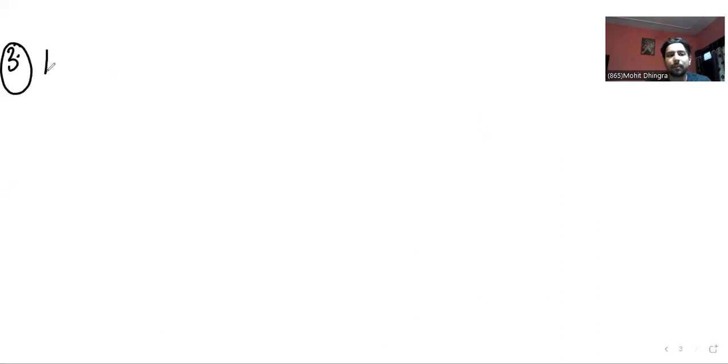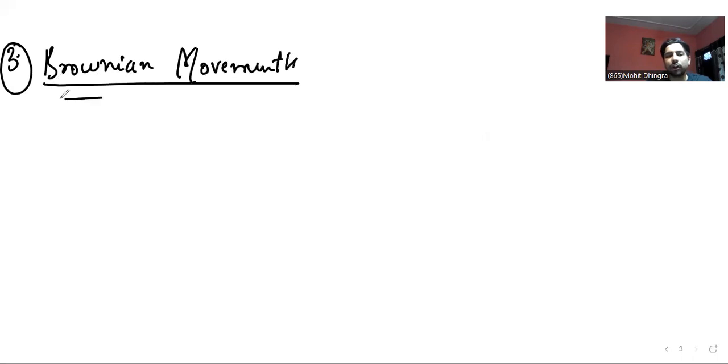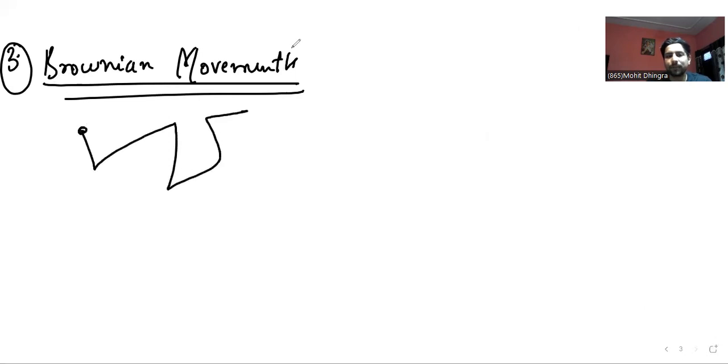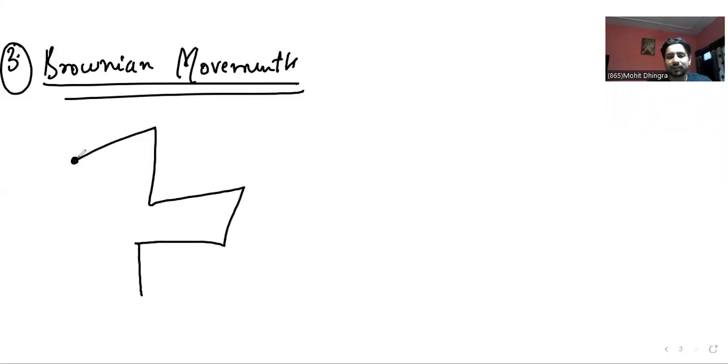Next, third is the Brownian movement. Now, what is this Brownian movement? Brownian movement means that these colloidal particles, when observed under a microscope, show zigzag movements, very random movements. The movement is in straight lines, there are no curves, it happens as zigzag movements.